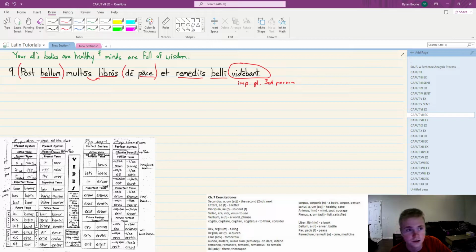So let's start doing all of our nouns. So bellum comes from bellum, belly, neuter, second declension. It is in this prepositional phrase here with post. Post meaning after, right? Post is a preposition which takes the accusative for its object.